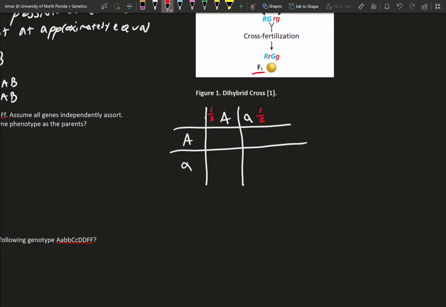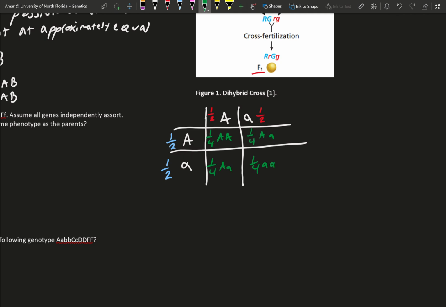Parent number 2 would have the same frequencies as well. And in a complete dominant situation, which we're still going over, you would have 1/4 of your offspring big A, big A, 1/4 big A, little a, 1/4 big A, little a, and then 1/4 little a, little a.